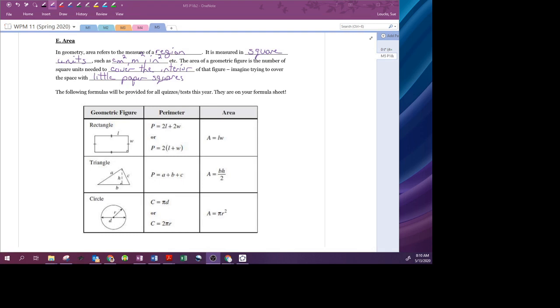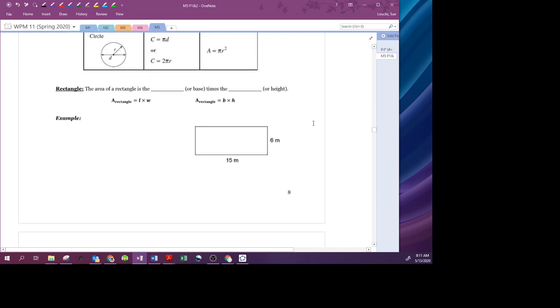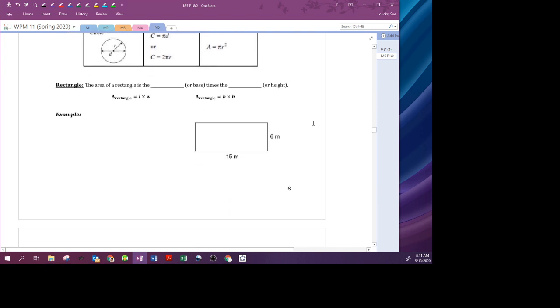These formulas are going to be provided for all the quizzes or work that you do this year, and they're on your formula sheet. The area of a rectangle is the length or base times the width or height, depending on how you're looking at your shape, right?